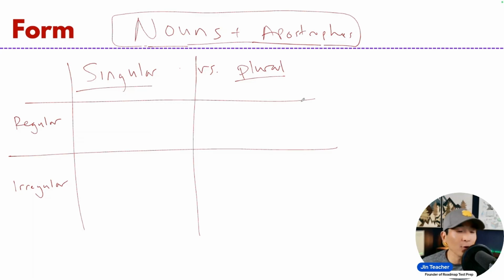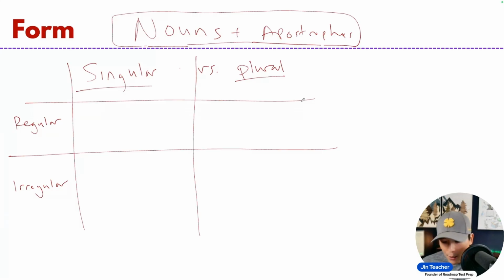They follow normal grammar rules. On the other hand, irregular nouns don't behave very well. They're kind of the bad kids. They don't follow the rules of grammar. And there isn't a way to memorize these because there's too many of them, but you guys are familiar with regular and irregular nouns. I'll show you guys exactly why you're familiar with them in just a second.